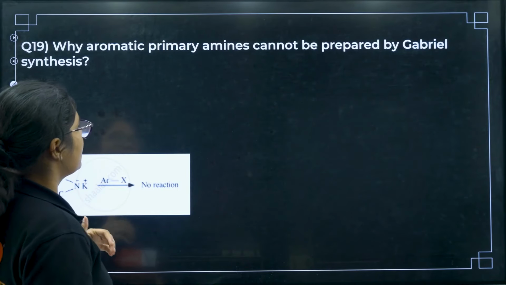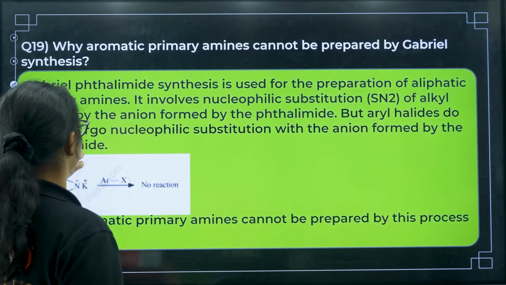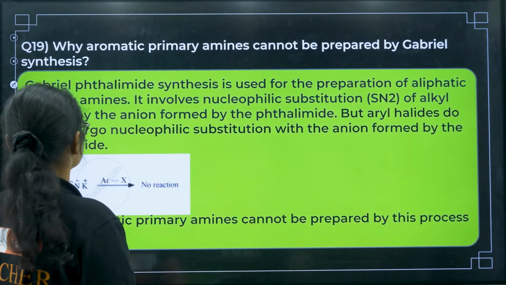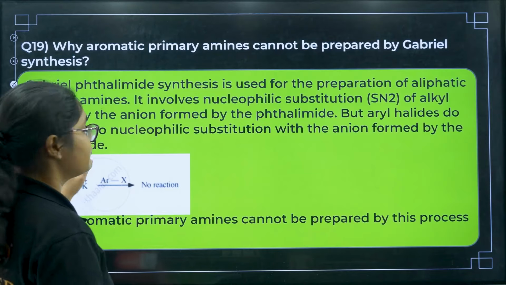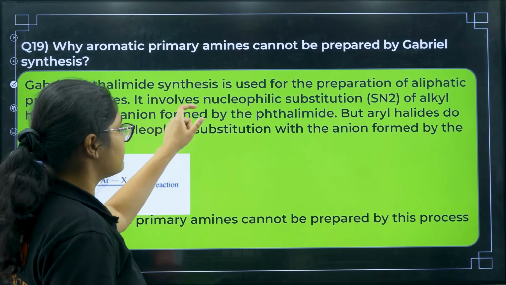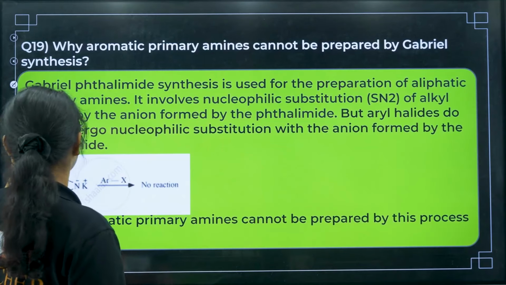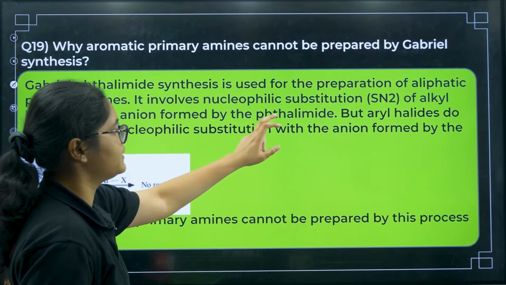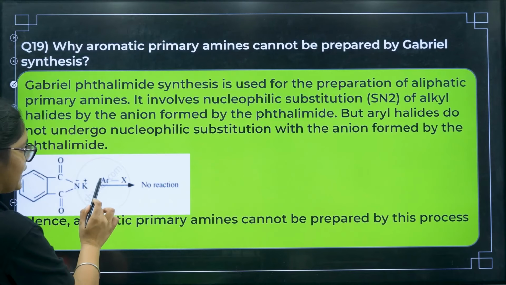Next, why can aromatic amines not be prepared by Gabriel phthalimide synthesis? Gabriel phthalimide synthesis is used for the preparation of aliphatic primary amines. It involves the nucleophilic substitution SN2 of alkyl halides by the anion formed by phthalimide. You can see here, the anion formed by phthalimide attacks on this RX.